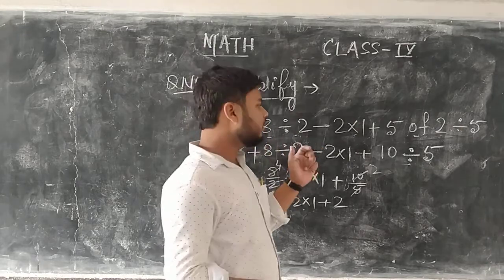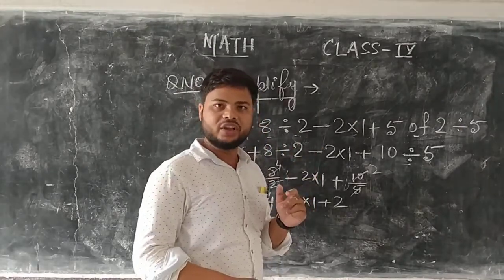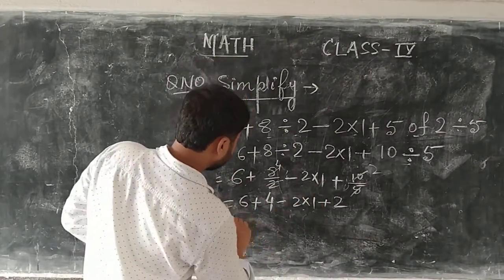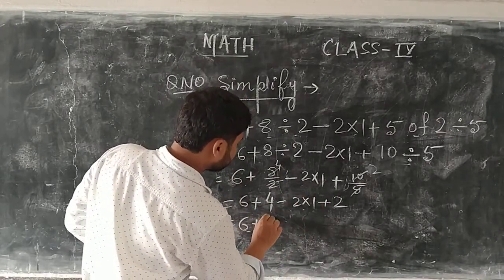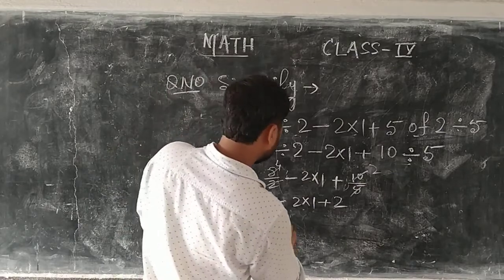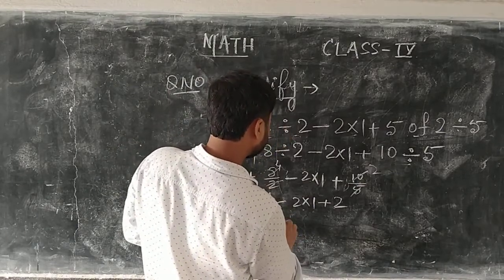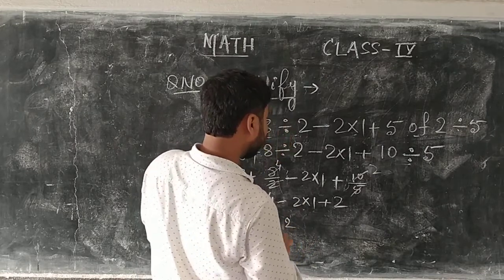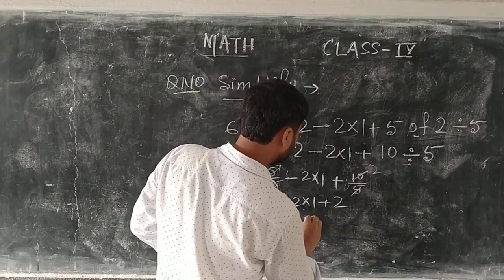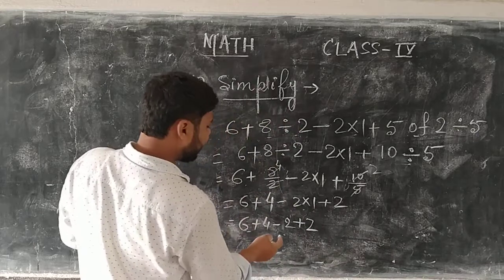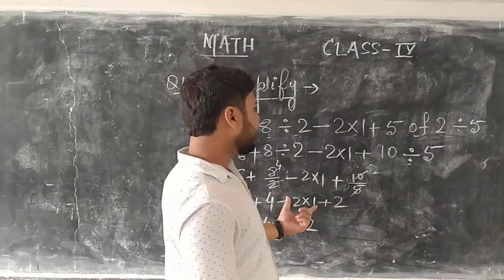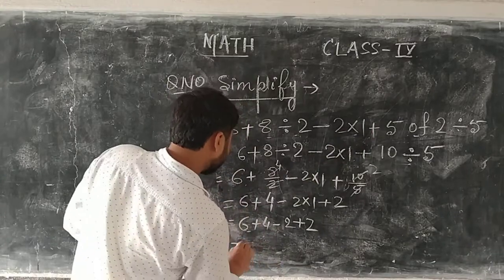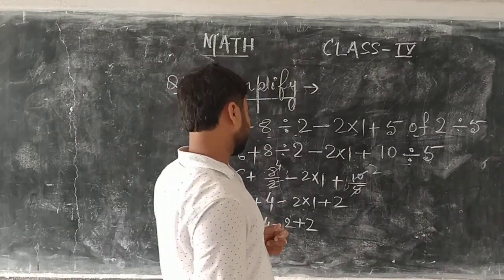Now we will work on multiplication. 6 plus 4 minus 2 1 2. After that plus 2. Multiplication work also completed. Next one is addition.